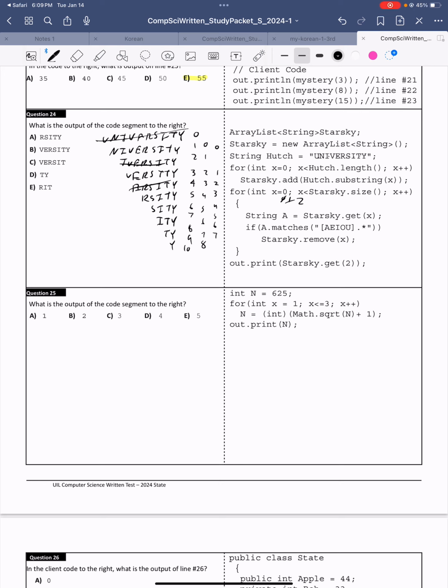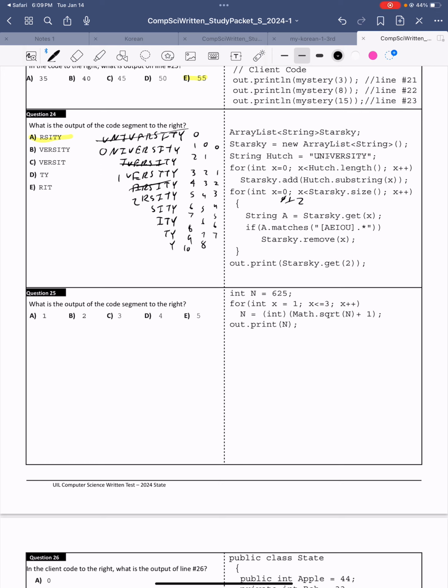Well, 2 is going to be 0, then 1, and then 2. So it's our city. So the answer is A. 24 is A. This one was a more complicated one, but if you just go through the logic, everything is just easy.